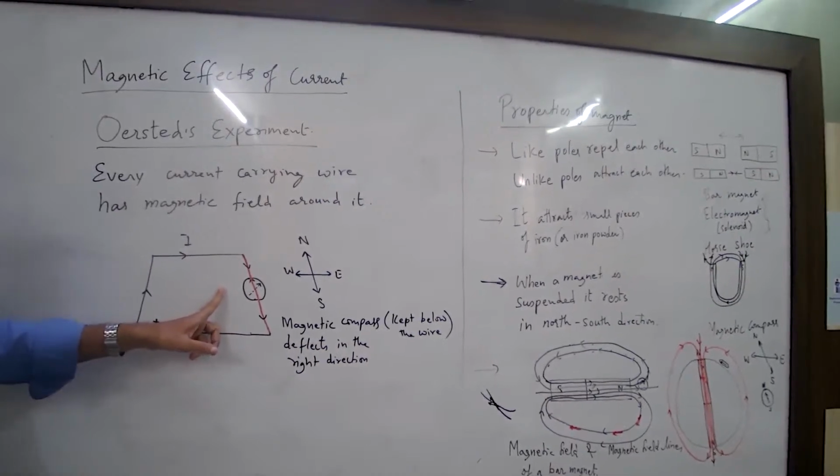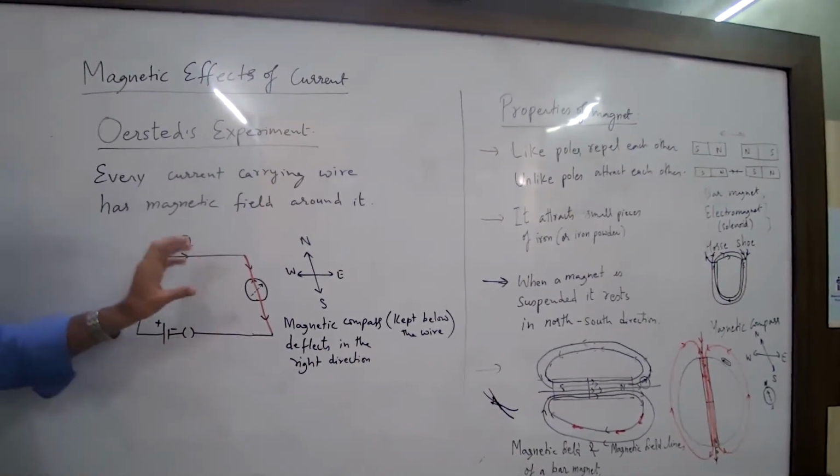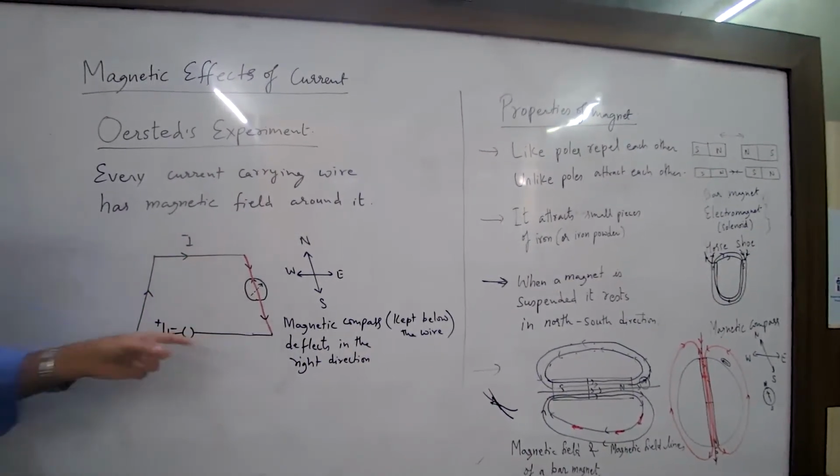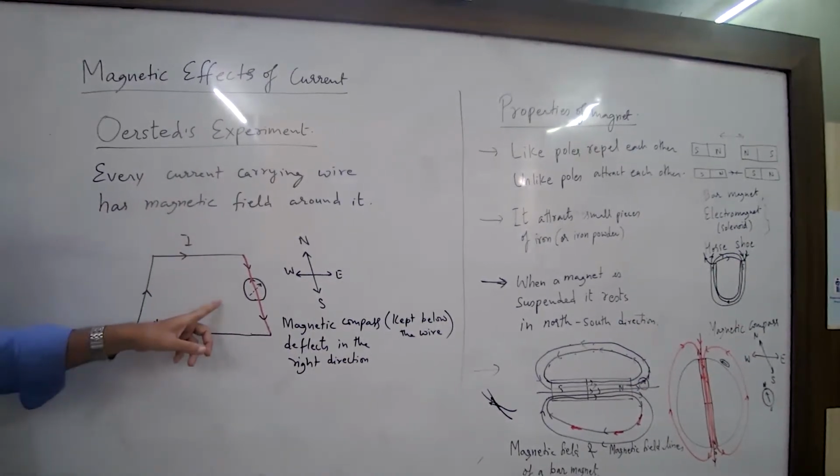If the compass was placed above the wire, same situation, current going like this, right?